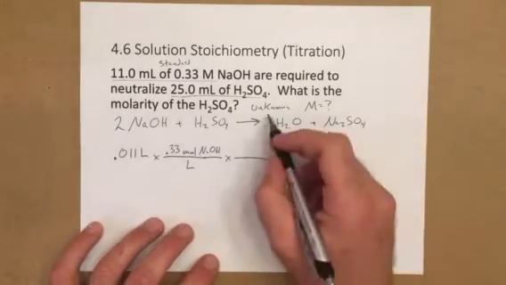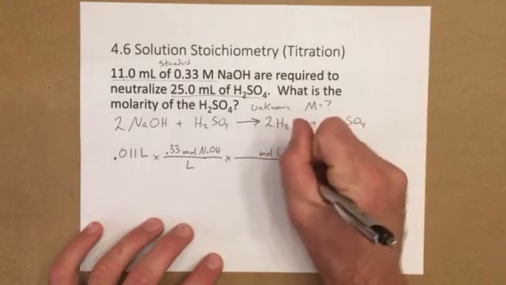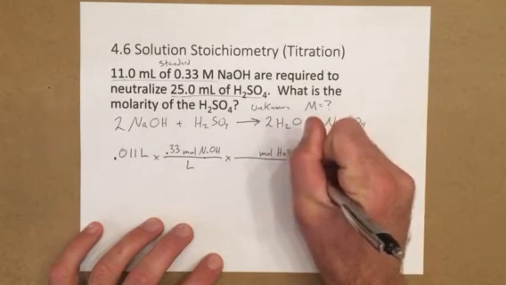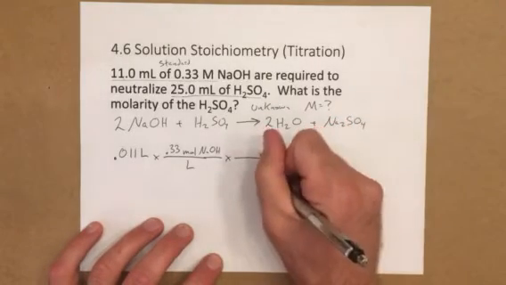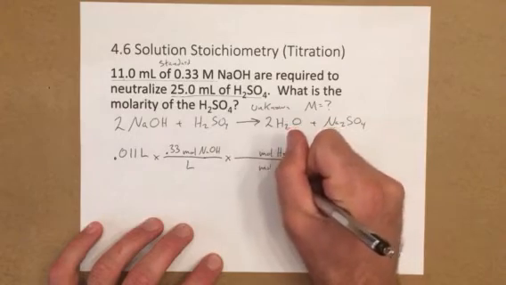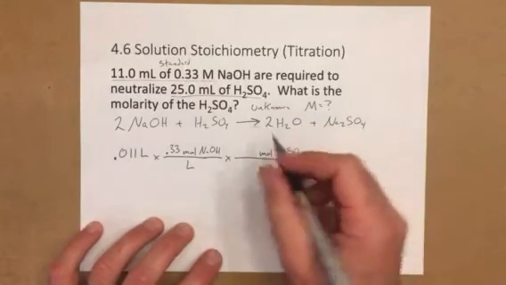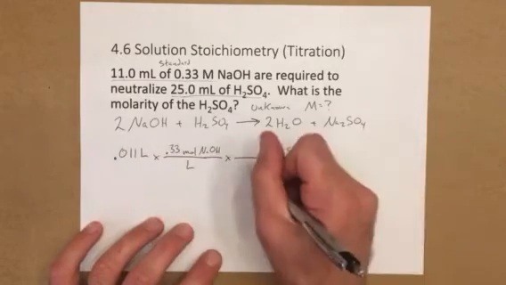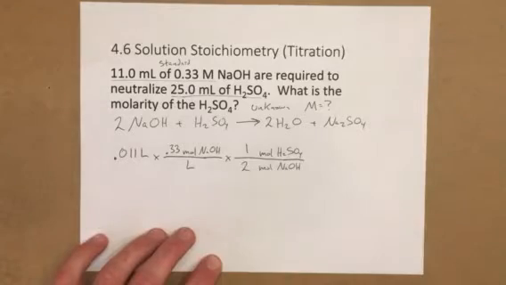And we're interested in finding the concentration of the unknown. So we need to know how many moles of the unknown H2SO4 there are, and we know how many moles of NaOH there are. So we look at the ratio in the balanced equation: 2 moles of sodium hydroxide for every 1 mole of sulfuric acid that can be neutralized.